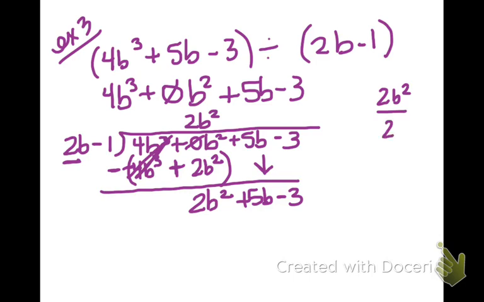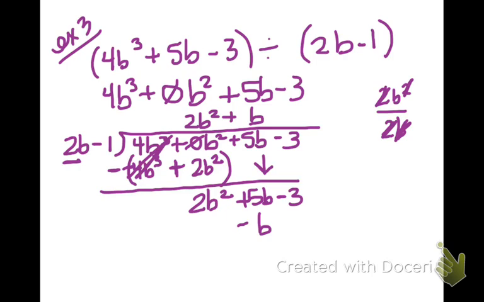Okay, so this is what we're doing. We're simplifying this expression right now in this second step right here. So the 2's cancel, and 1b up here would cancel with this b. So I would be putting 1b above the 5b. Then I'll multiply. B times the negative 1 becomes negative b.